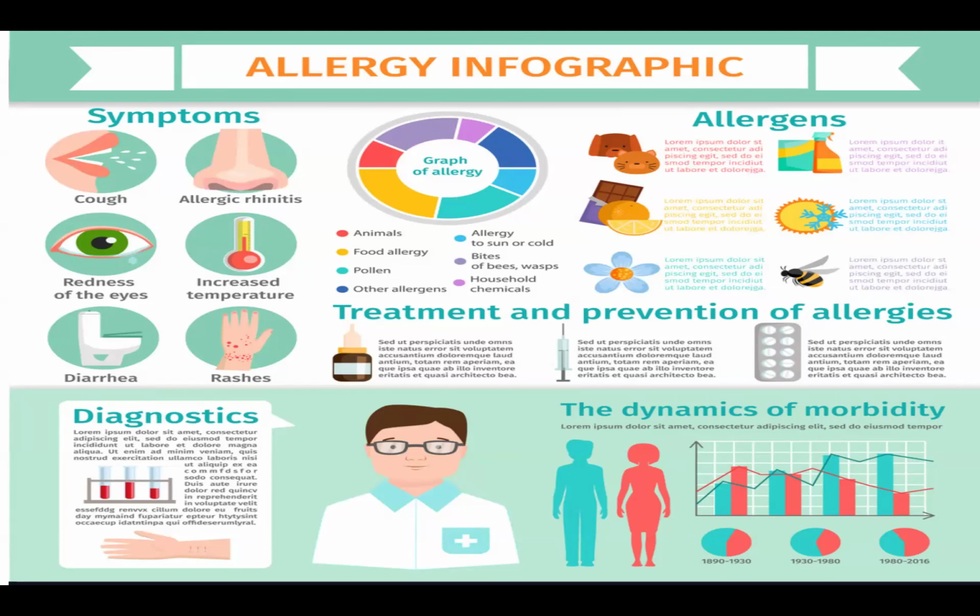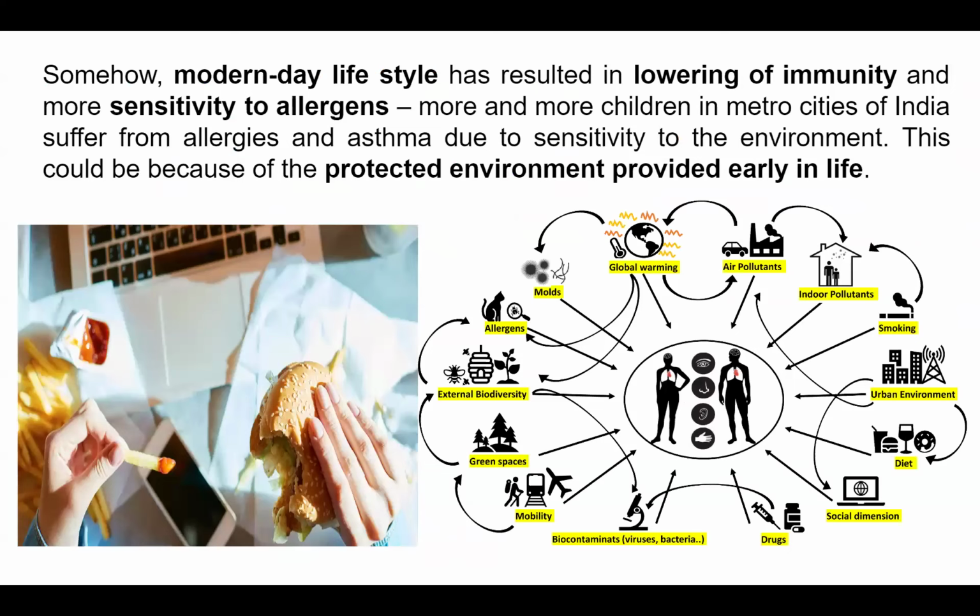Next we talked about the diagnosis, wherein I talked about the different kinds of tests which might be there. I can have a prick test, I can have a patch test. And the symptoms would include cough, allergic rhinitis, redness of the eyes, increased temperature, diarrhea, rashes, and various other things. So this is what we have studied till now.